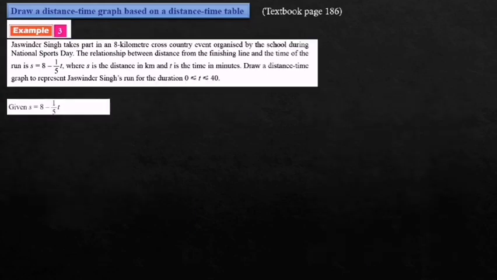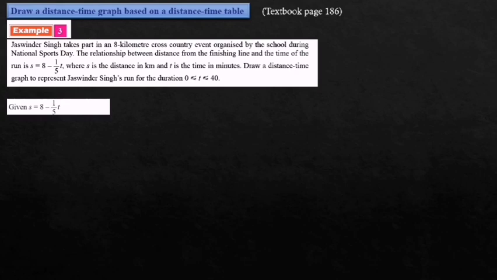Now we look at example 3. Jaswinder Singh takes part in an 8-kilometer cross-country event organized by the school during National Sport Day. The relationship between distance from the finishing line and the time of the run is s equal to 8 minus 1 over 5 t, where s is the distance in kilometers and t is the time in minutes.